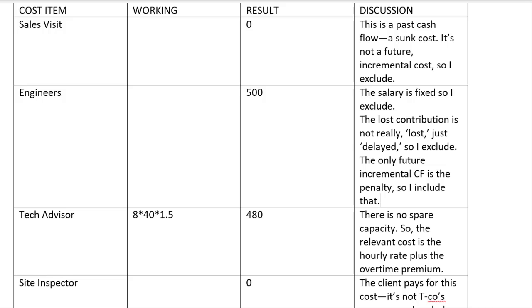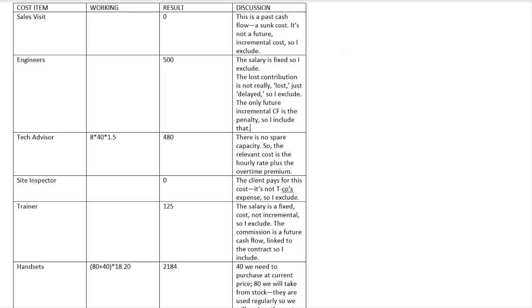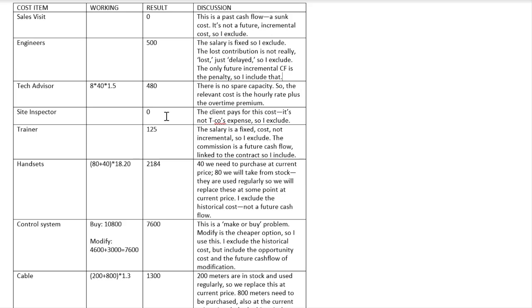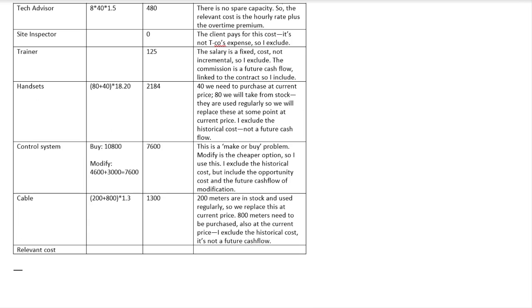And look at my fabulous exam technique, okay? Showing my workings, using a table to stay organized, using plain, simple English, showing a detailed discussion explaining why I include and exclude certain items, okay?